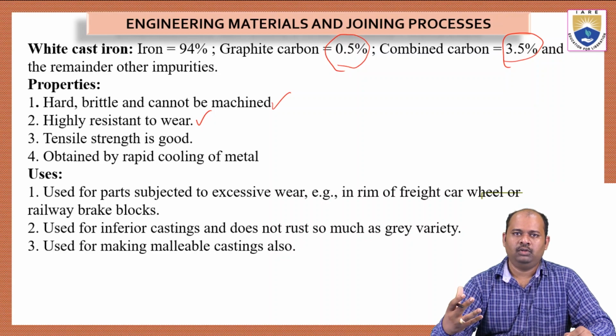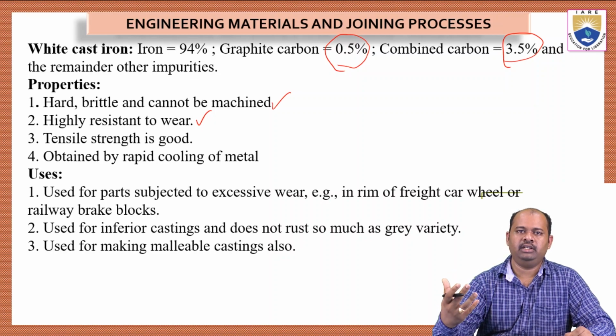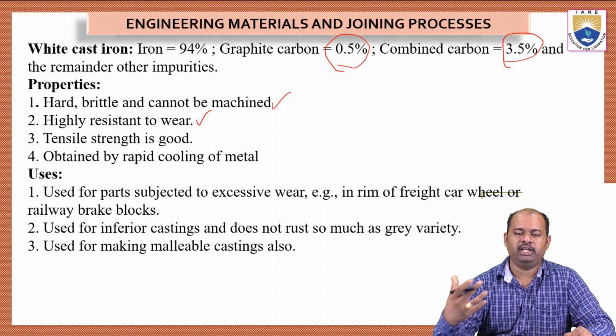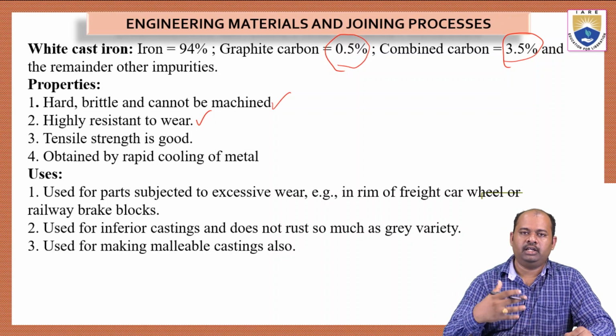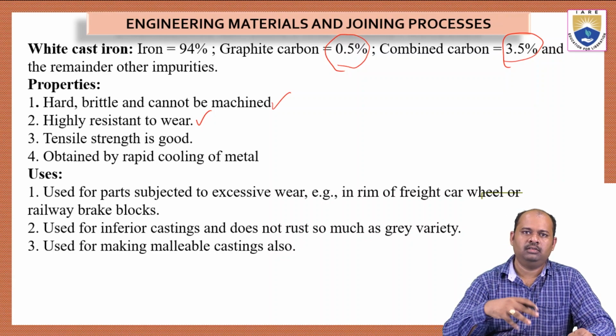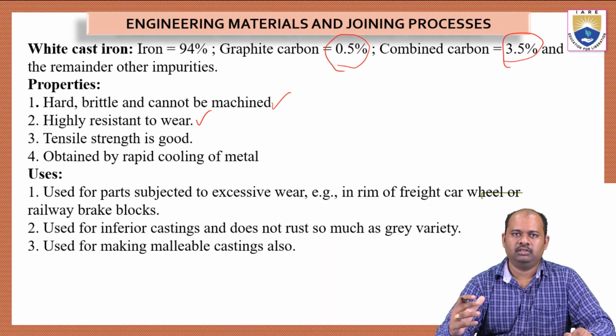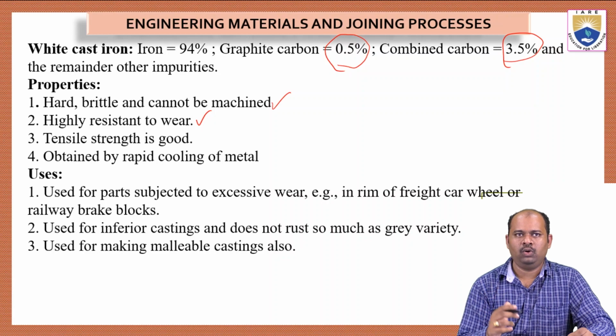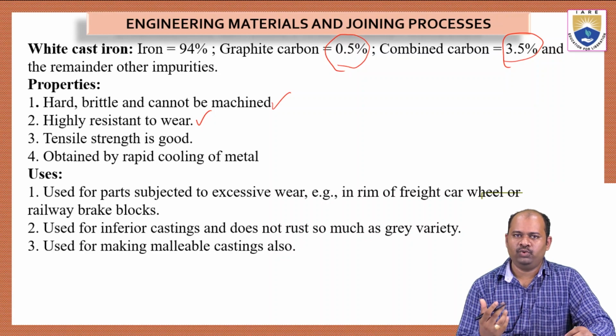Not up to the mark where it can exceed the tensile loading capacity of a ductile metal, but it can take a higher amount of tensile loading than grey cast iron. So the tensile strength is more than grey cast iron, but it is not more than mild steel.